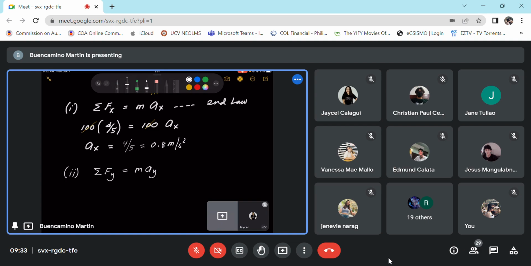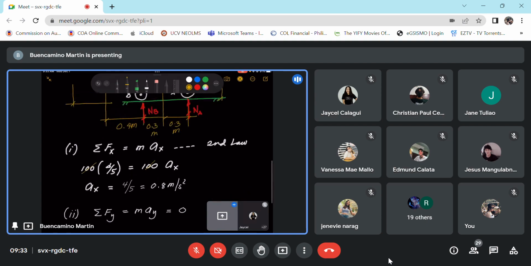But since there is no motion along y, the sum of forces along y is simply equal to 0. And taking that, class, yung ay natin ito is 0, because there is no translation or motion along y. And this second law was reverted into a first law, which is yung equilibrium of forces along y.